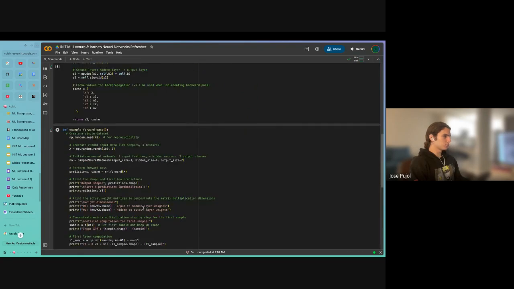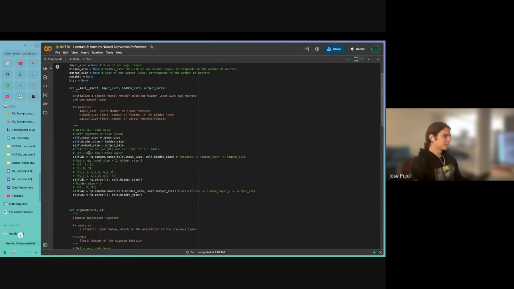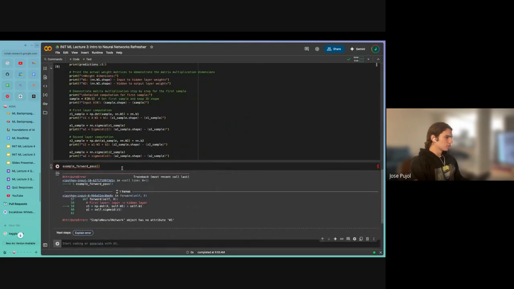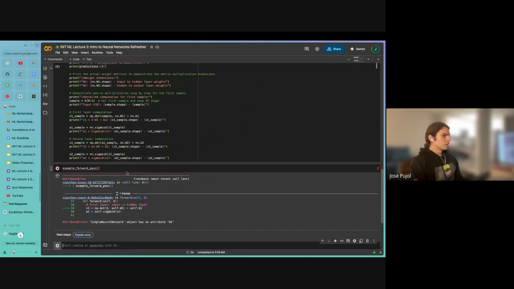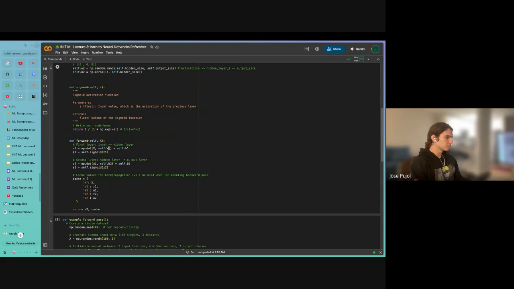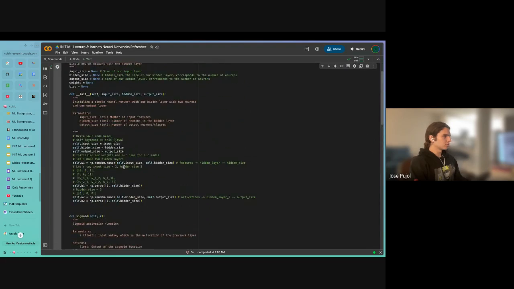Has no attribute B1. But just put these lowercase. Really looking the same thing. Where? Okay, I think it just... I thought they were both lowercase.